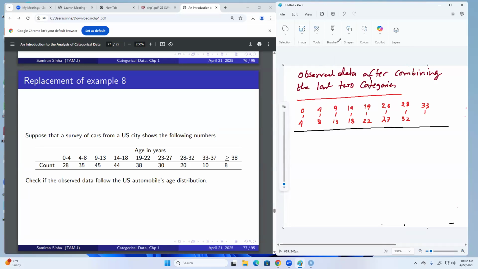So the counts are 28, 45, 45, 44, 38, and combine with the last two counts.